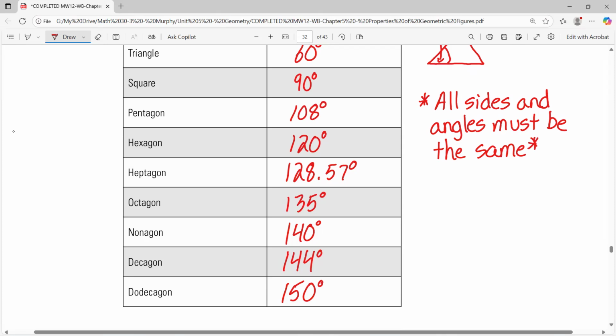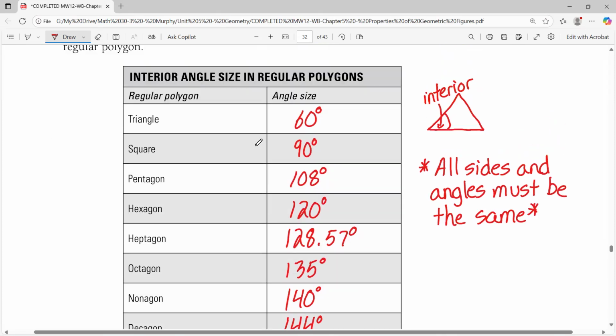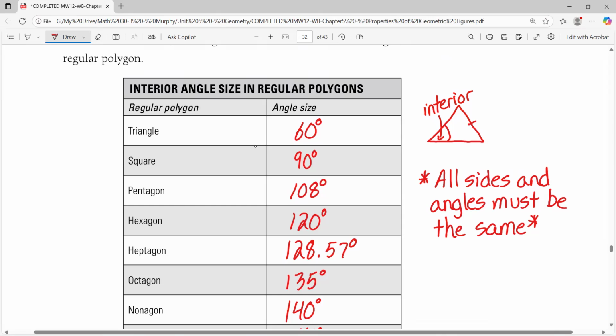Okay, just a reminder, that's the only way for this to work. Often you'll see the word congruent for sides. So all these sides have to be equal length.